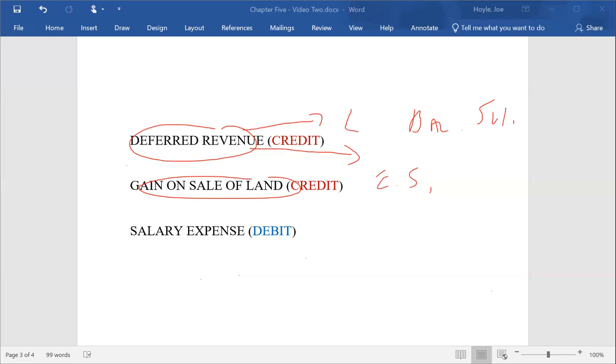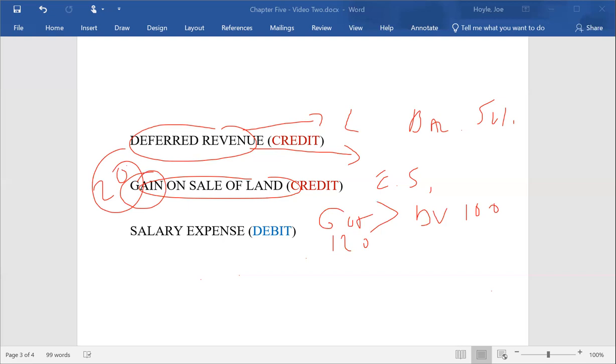It's not part of the primary operations, and the company made a gain on that, meaning that they got more than what the book value of that property was. So if the book value of the land was $100 and they sold it for $120, then they would have a gain of $20.